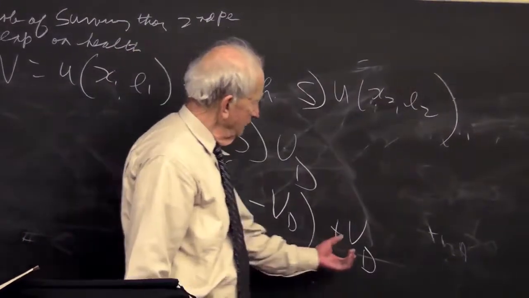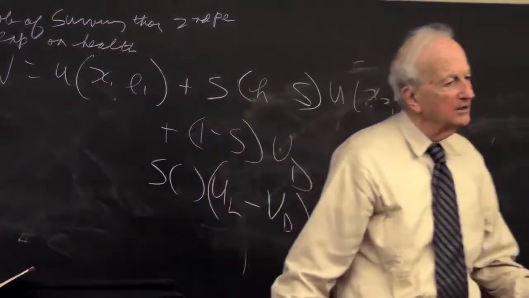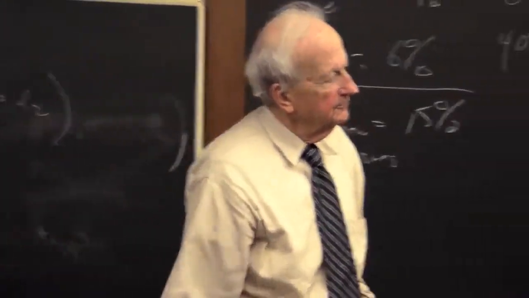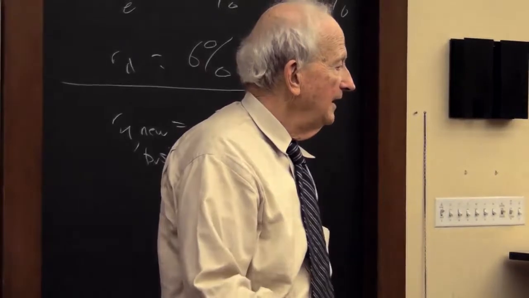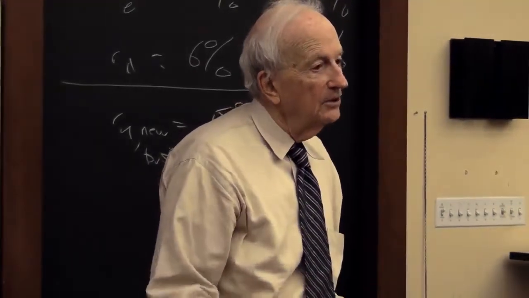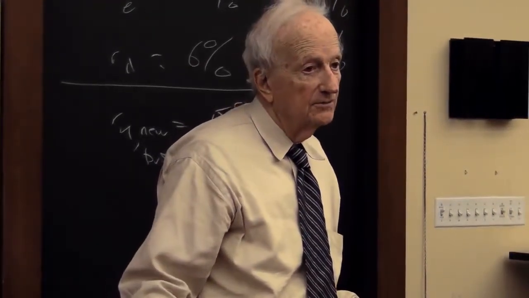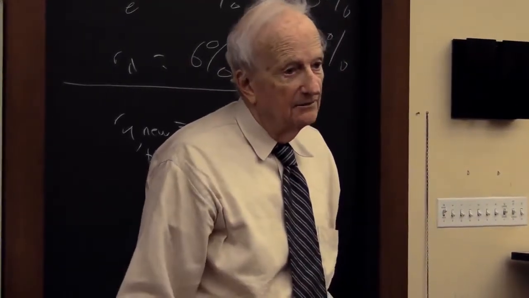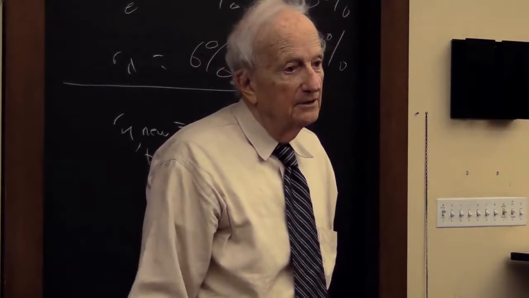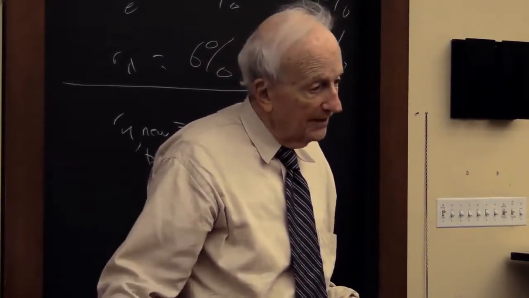Now, if the utility of dying is independent of all the decisions we're making, like H and survival, we can just treat that as a constant and then get rid of it, normalize that, right, to 0. Even though it could be very important, it's a constant.